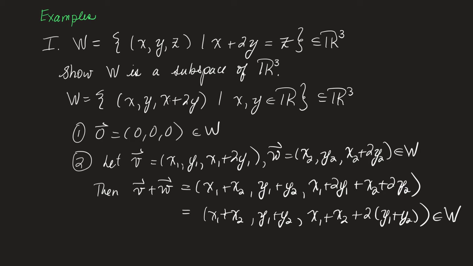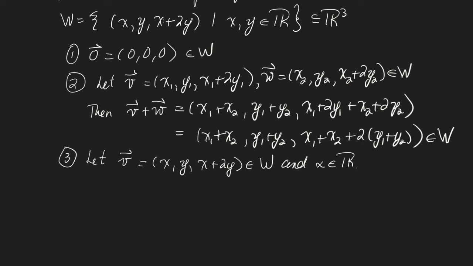The last thing I have to do is show that it's closed under scalar multiplication. So for that, I've taken a vector V in W and a scalar, and we're taking our scalars from the reals. I call my scalar alpha, and we need to show that alpha V belongs to W. Alpha V is alpha x, alpha y, alpha x plus 2y.